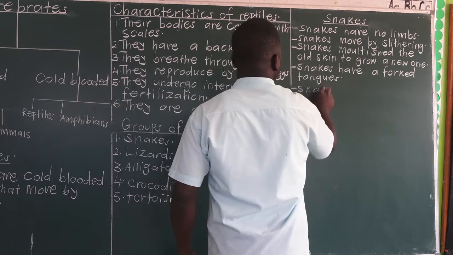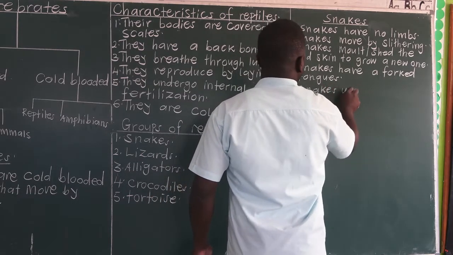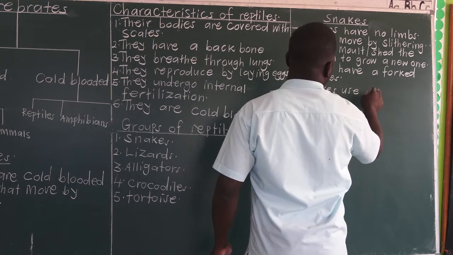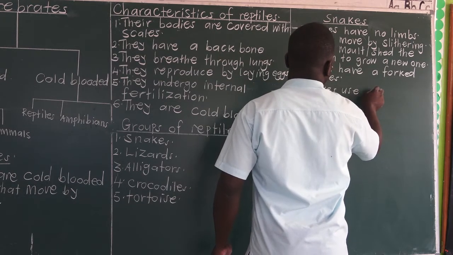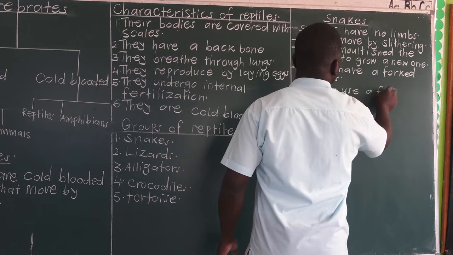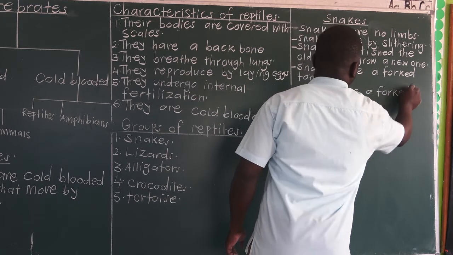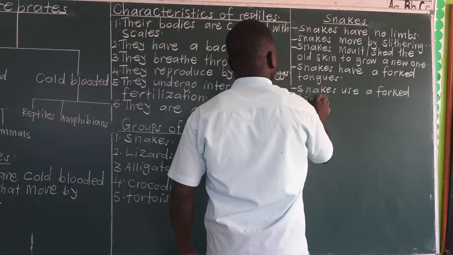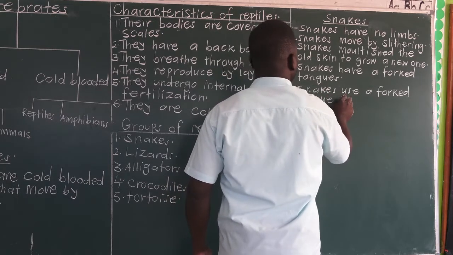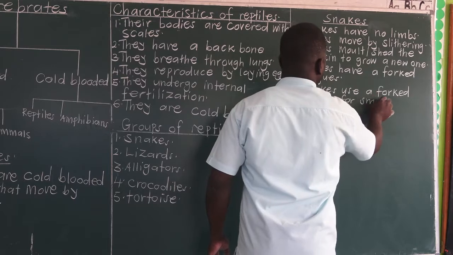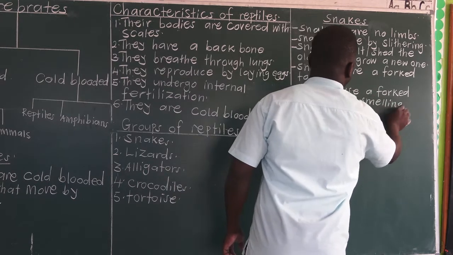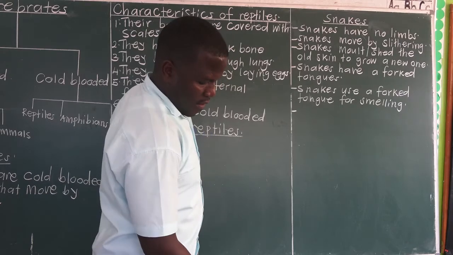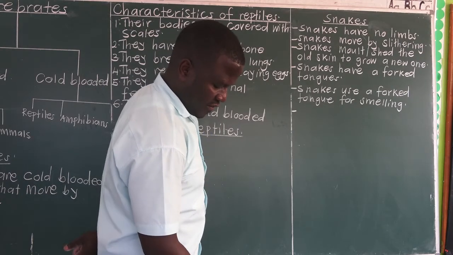Snakes use a forked tongue for smelling.